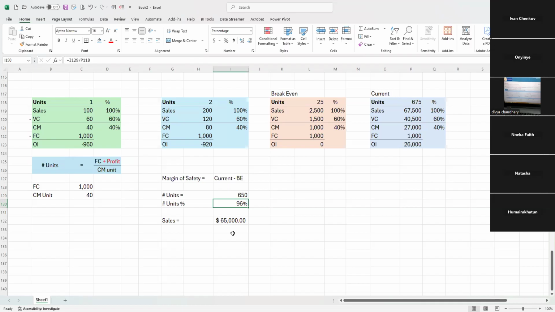So we are in a very good position. All right, so that's the margin of safety. And I believe that's where we're going to stop.